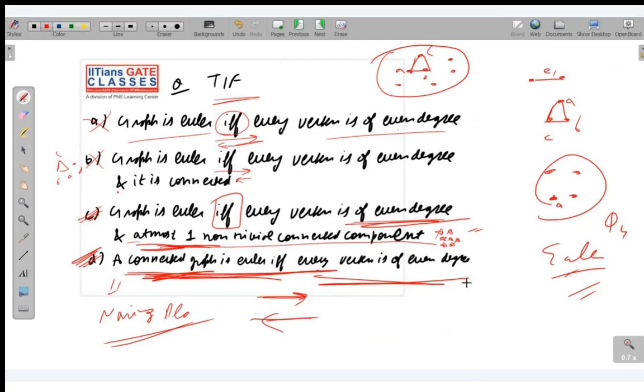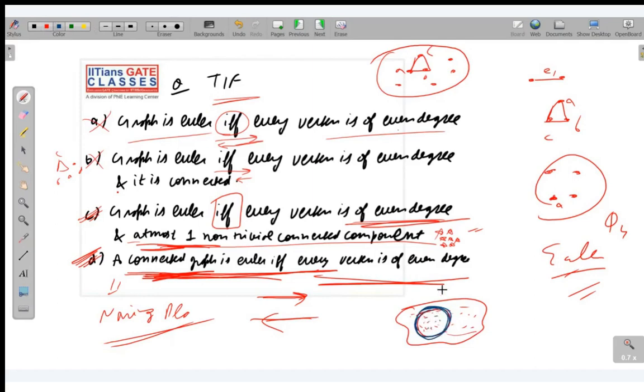B point, sir. Key point. What they are saying is we have already a connected graph. So see, these are the set of graphs in this universe, all the graphs. Now I am concentrating only on a subset of it, that is connected graphs. I am not talking about disconnected graphs.